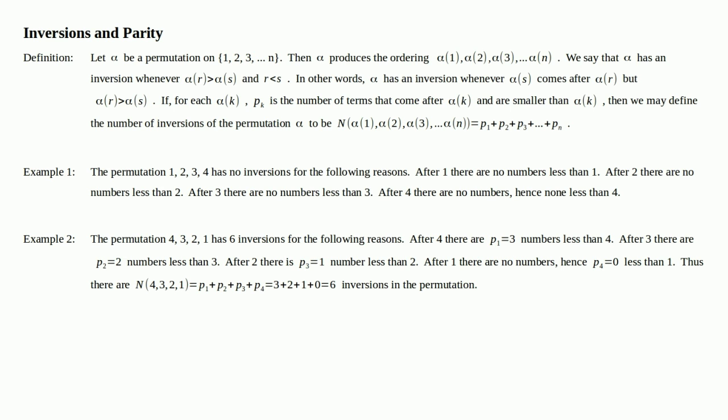After 1, there are no numbers, hence p sub 4 is equal to 0. Thus, n of 4, 3, 2, 1 equals p1 plus p2 plus p3 plus p4, which is equal to 3 plus 2 plus 1 plus 0, equal to 6. So 6 inversions in the permutation.